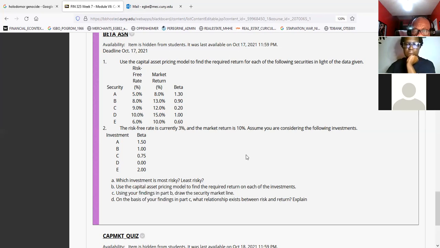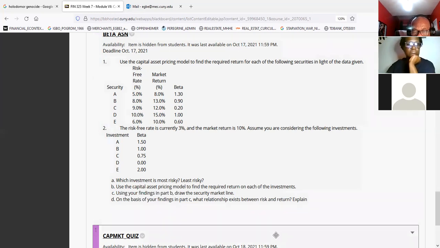The security market line is such that you solve the equation and draw a graph, okay?